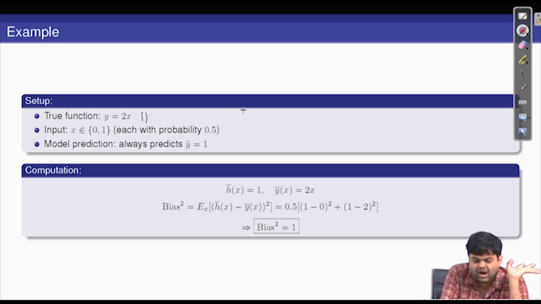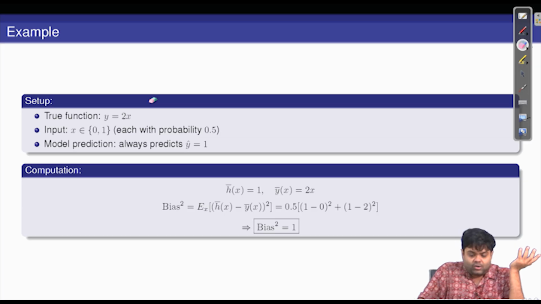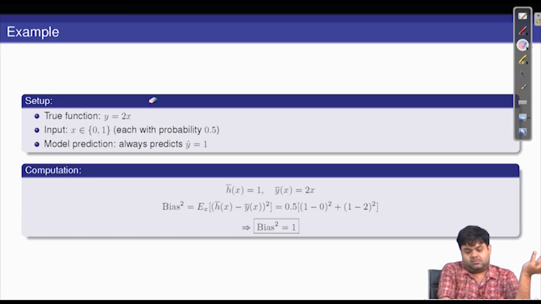This is an artificial scenario, but let us say that is what is happening. Since the model always predicts 1 for all x, the average prediction will always be 1, but the expected value of y given x will be 2x, because y is actually 2x.